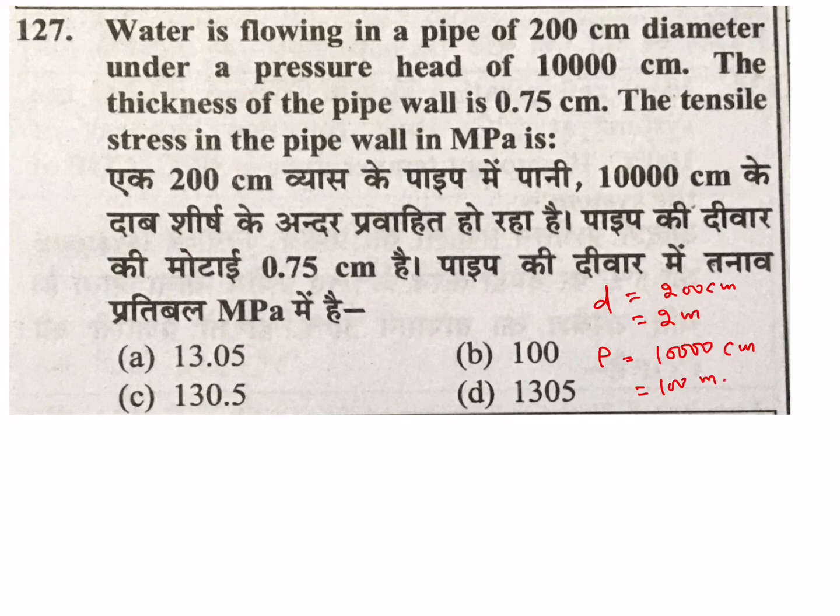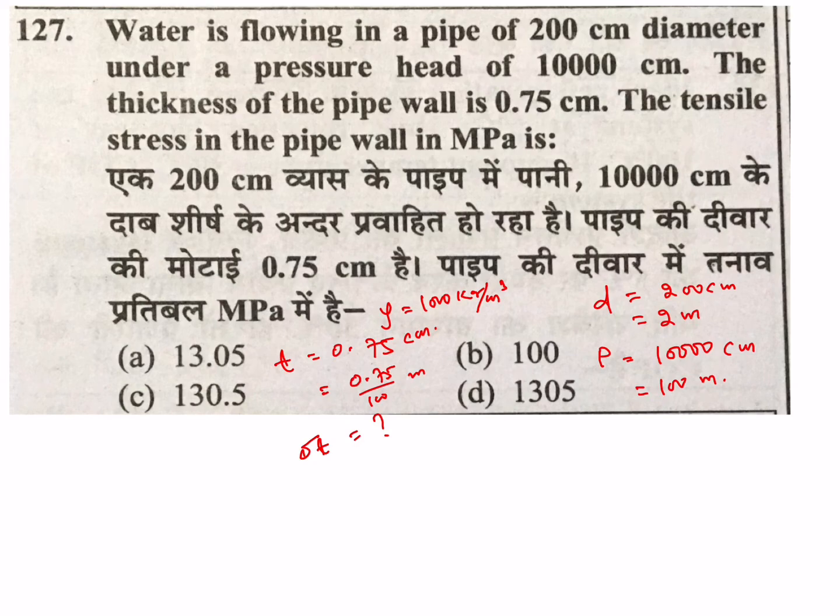Water is flowing, so density is 1000 kg per meter cube. Thickness t equal to 0.75 centimeter or 0.75 divided by 100 meter. Tensile stress we have to calculate.